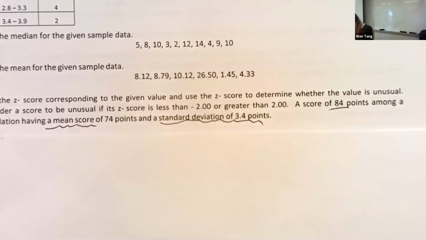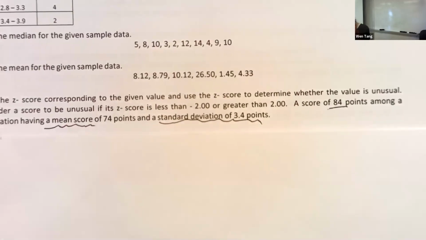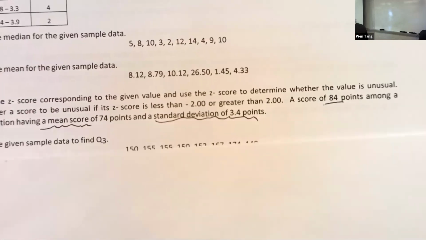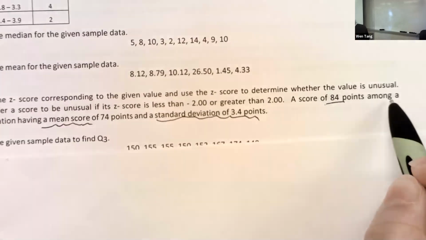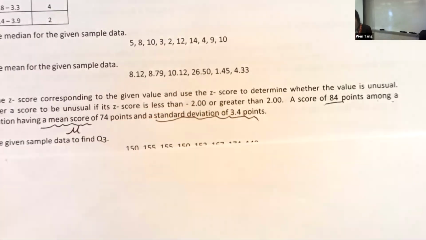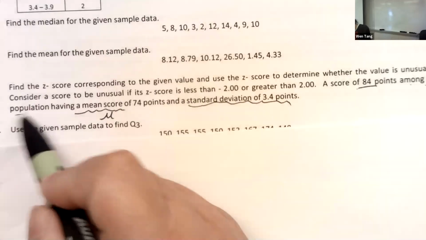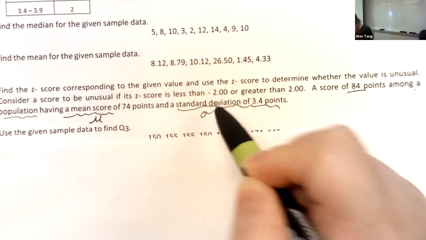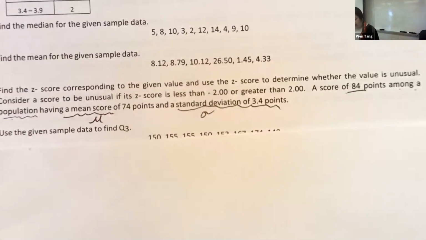Here we have a population with a mean, so the mean is the population mean. We're going to use the notation mu to represent the population mean. Of course, the standard deviation, we're going to use sigma.